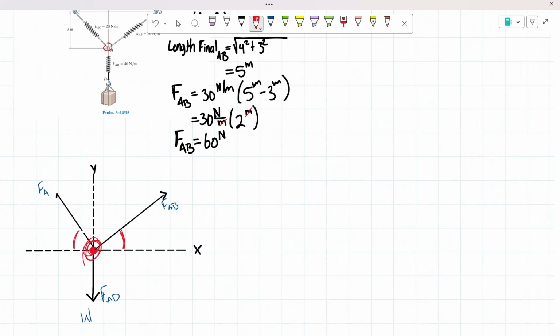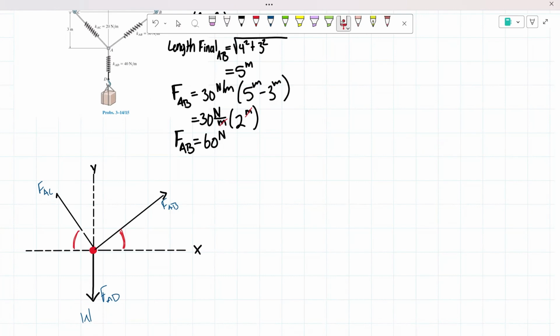From there, we have the force of the spring AB, which we already found is 60 newtons. Then we have the force of the spring AC right here. And then we have the force of the spring AD coming down right here, with the weight of the block at D.